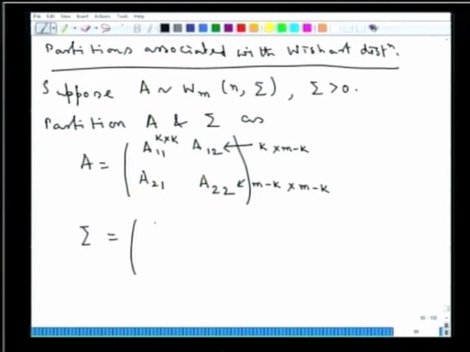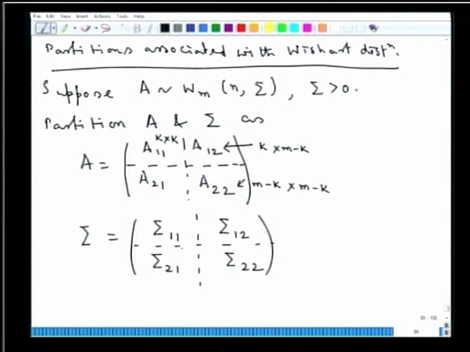We have a similar partition in the sigma matrix, which is sigma 11, sigma 12, sigma 21, and sigma 22 component. So the partitioning of sigma is as in the partitioning of A, that is, sigma 11 is a k by k matrix, and sigma 22 is an m minus k by m minus k matrix.